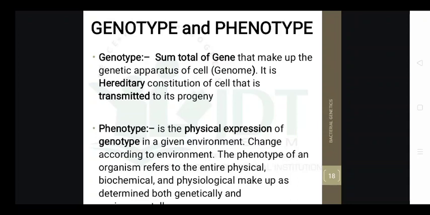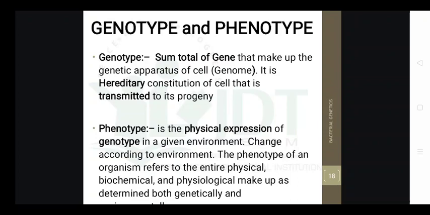It can transmit this genetic material to the next generation in that form or in a recombinant form when fertilized or combined with another cell. It may be changed. So that is known as genotype. One more, it will not change with the changing environment.